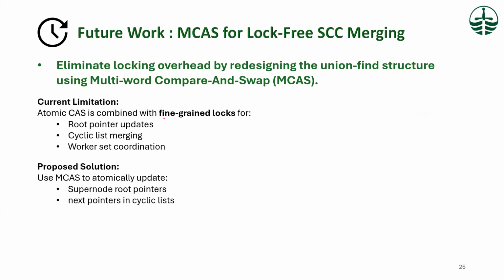So one proposed solution is we could use MCAS, multi-word compare-and-swap, to update the super nodes when merging. My expected benefit is that we can get a fully lock-free partial SCC merge, and it maybe can improve scalability under high contention when we have a lot of threads or workers.